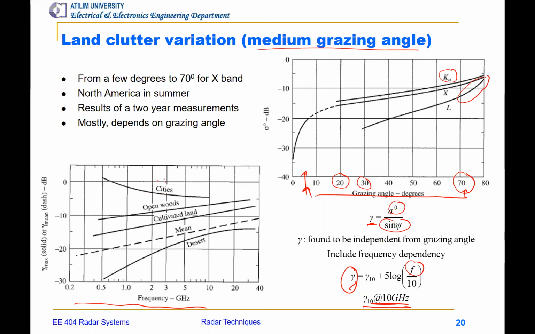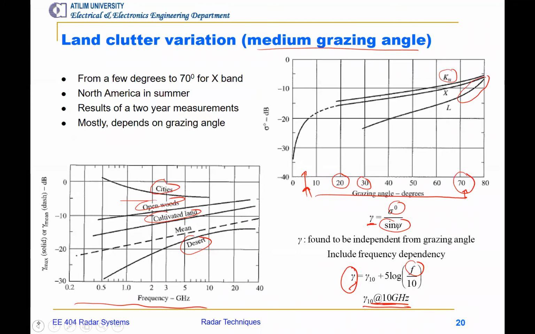varies for cities, open woods, cultivated land, and desert. You see it's quite low for desert, high for cities, and its mean value starts from minus 25, goes up to minus 10 dB.